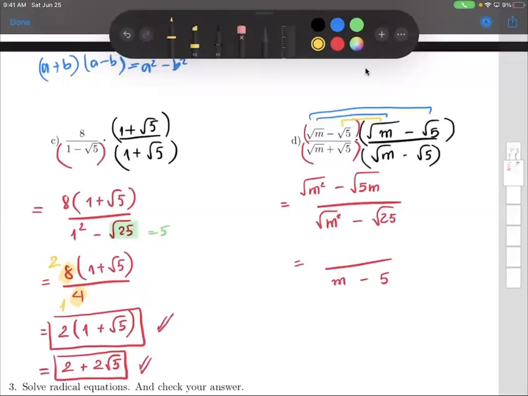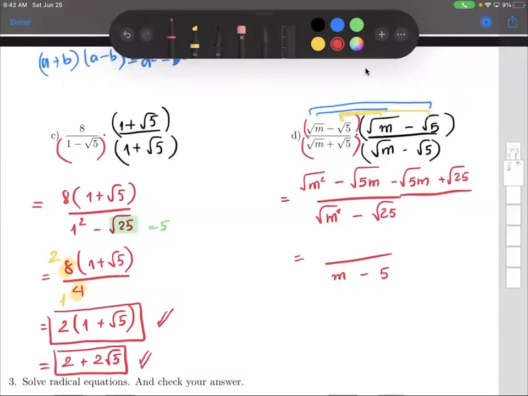Negative root 5 times root m is negative root 5m, same thing, right? And then negative root 5 times negative root 5 is positive root 25. And we know square root of 25 is 5, right? And square root of m squared is m.